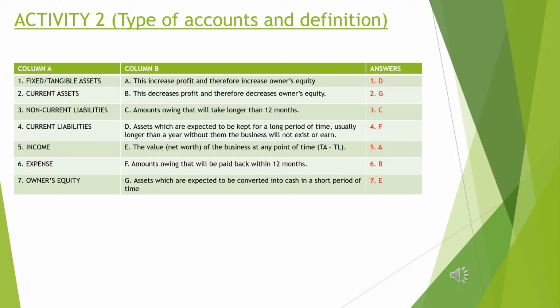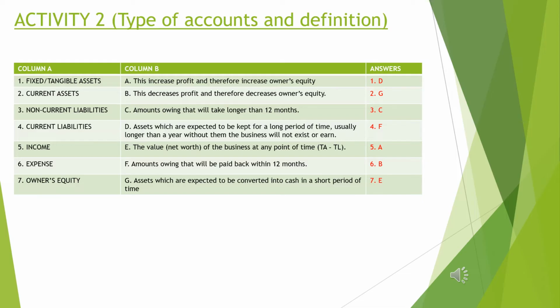Therefore, amount owing, you are referring to a liability. But if this liability will be settled or paid in full within 12 months, it is a current liability. Here it is a non-current liability because we intend to settle it over many more years to come.